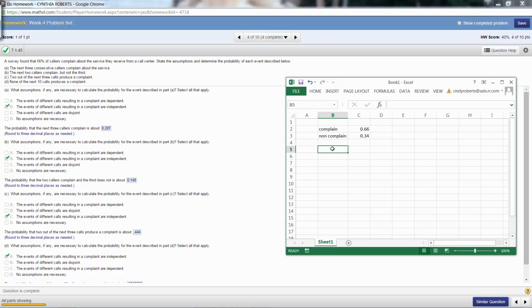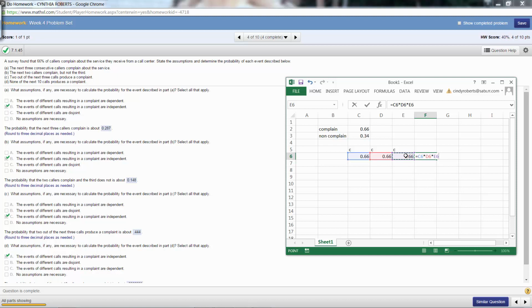What that means, the next 3 callers complain, is complain, complain, complain, which is 0.66. And if you heard me say complain and that one complained and that one complained, that's multiplication.